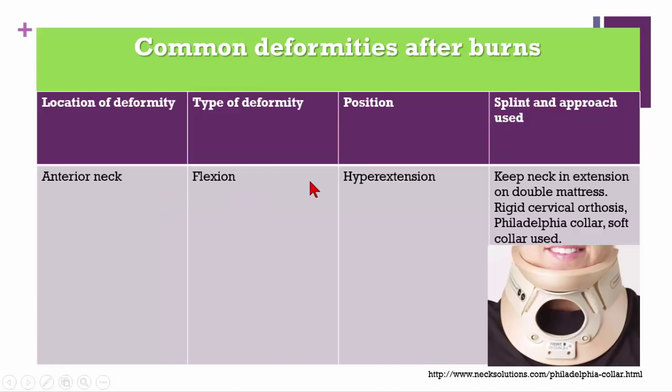In order to prevent that, we keep the neck in hyperextension, and a splint like a soft collar or Philadelphia collar is used for that patient. Keep the neck in extension or keep it on a double mattress.